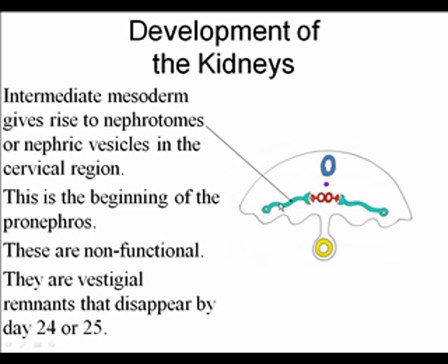So we first see these nephrotomes in the cervical region, and then in the thoracic region. And when we see them early on, we will call the collection of nephrotomes the pronephros. These early vesicles are non-functional and basically disappear within a few days.